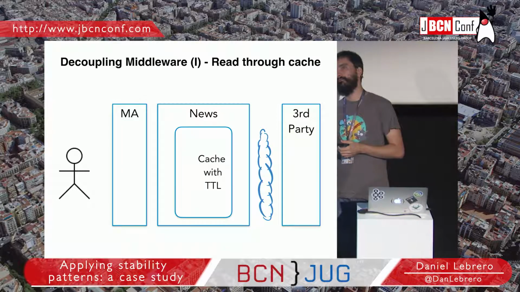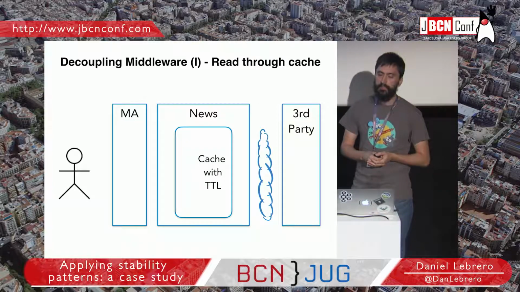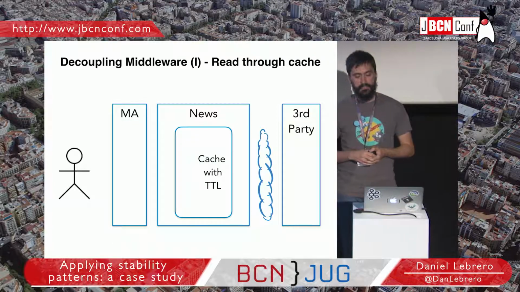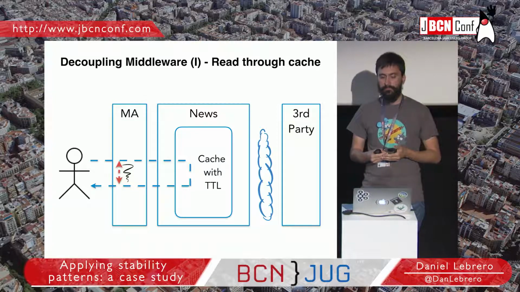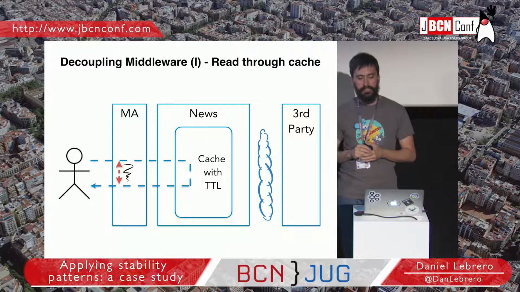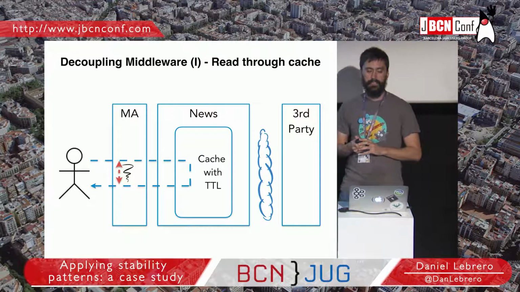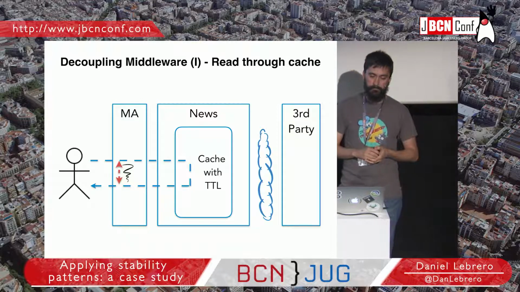So the first version of most of the internal services followed this pattern. We just put a cache in the middle with some time to live, so that when the client came, hopefully the item would be in the cache. So the time that the thread has to be blocked would be as small as possible.